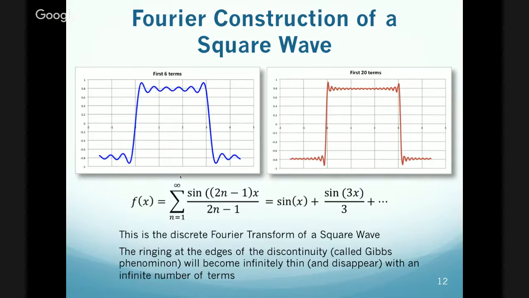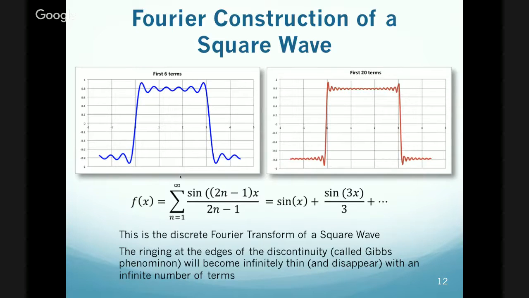Now, you'll also notice one other little thing, and that is all that ringing around the edges. That ringing is actually a very interesting historical thing. It was discovered long before the guy it's named after. The guy that's named after is this guy named Gibbs, who figured it out. It's called Gibbs phenomena. He figured it out about, I don't know, 50 years after another guy figured it out, but nobody paid attention to the first guy. It was Gibbs that waved his arms hard enough to make everybody pay attention.